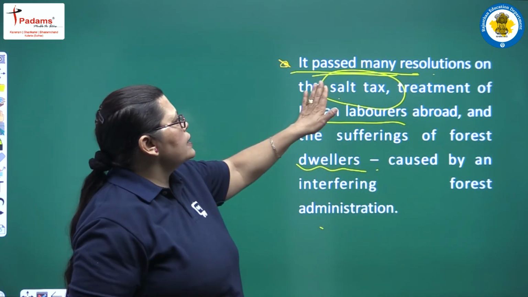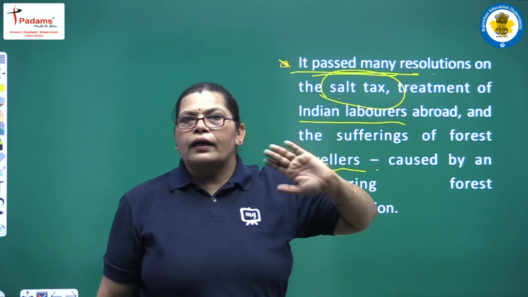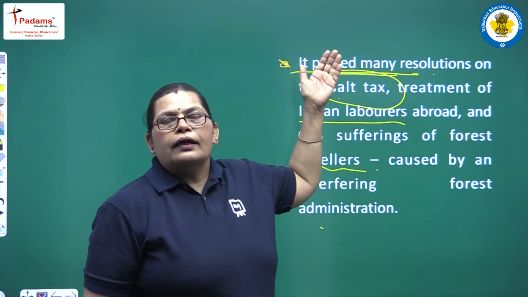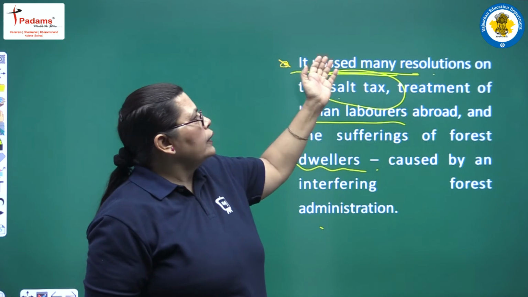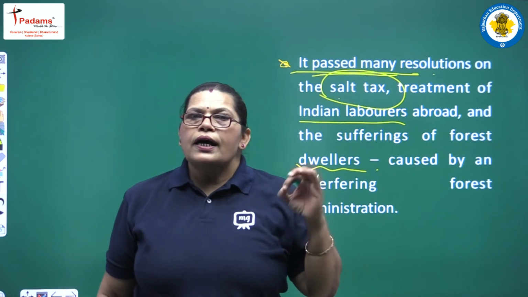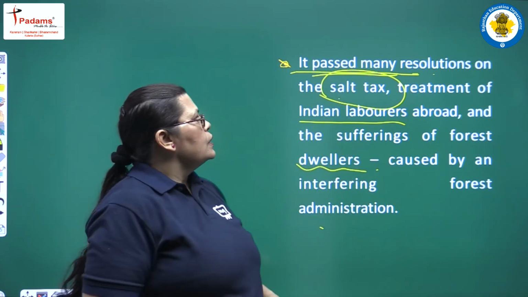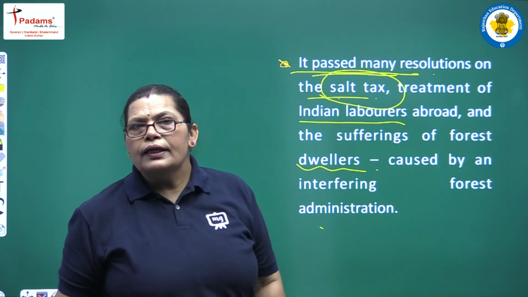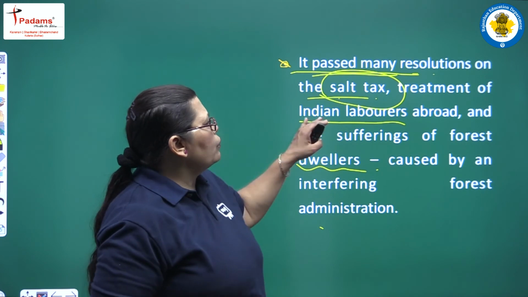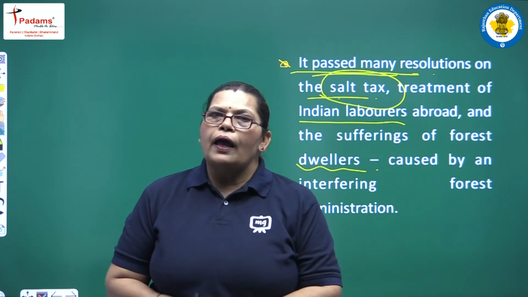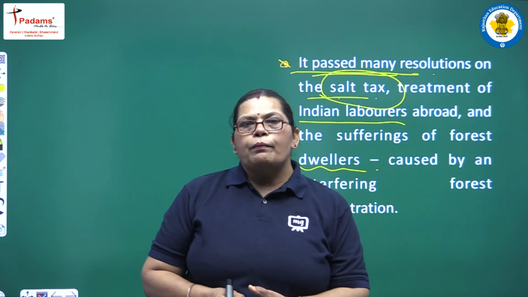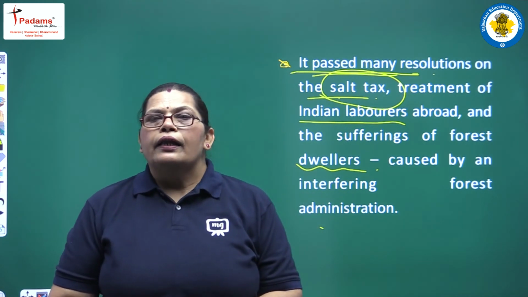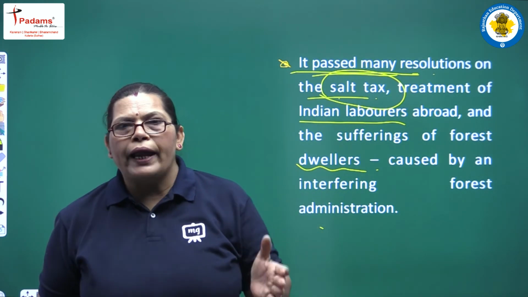As we had already discussed, Mahatma Gandhi started the Dandi Yatra, and at that time there was a high tax on salt. So Congress passed the resolution about the salt tax and about the treatment of Indian laborers abroad, because abroad the conditions of Indian laborers were not better.